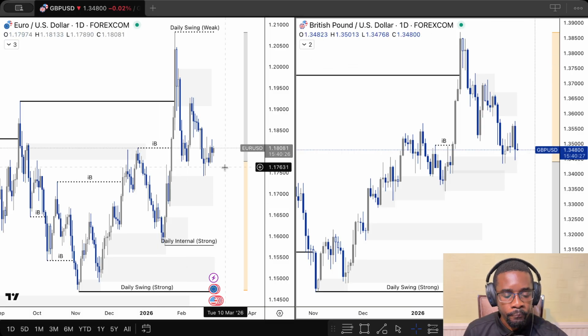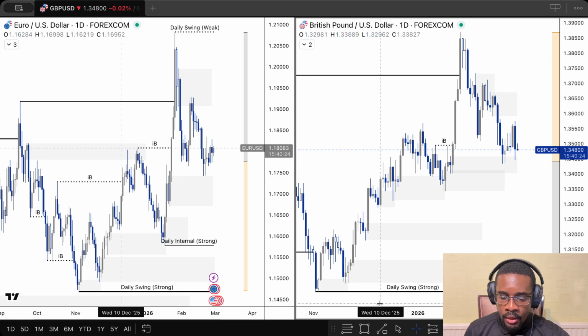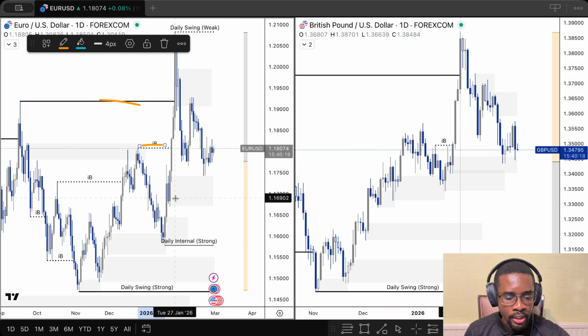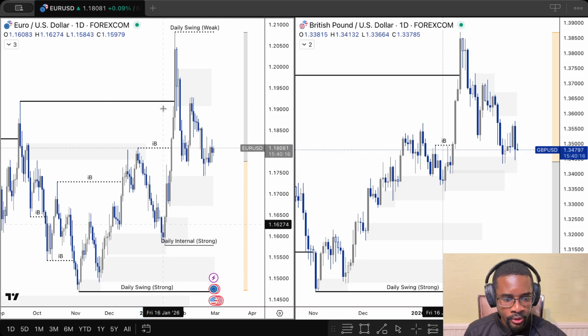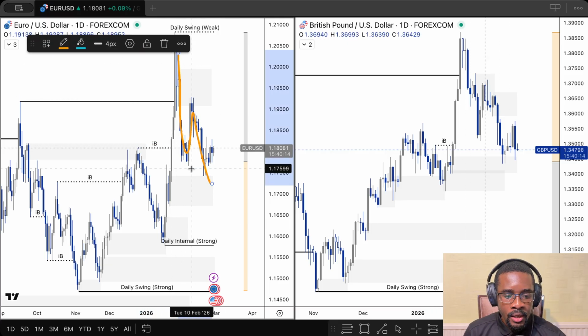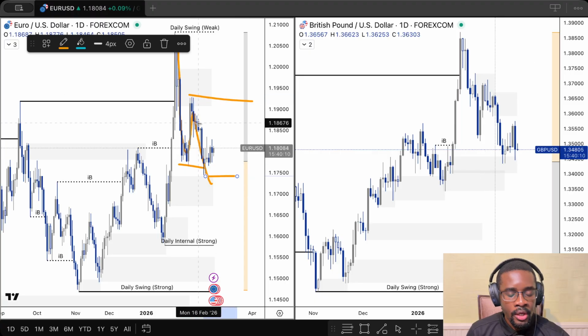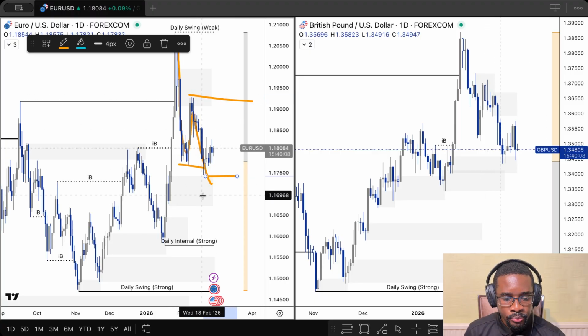So from a daily perspective on the Euro USD, overall we are bullish. The daily is bullish, but the daily right now is in a pullback phase. We've broken structure. This is our current range for the pullback phase.